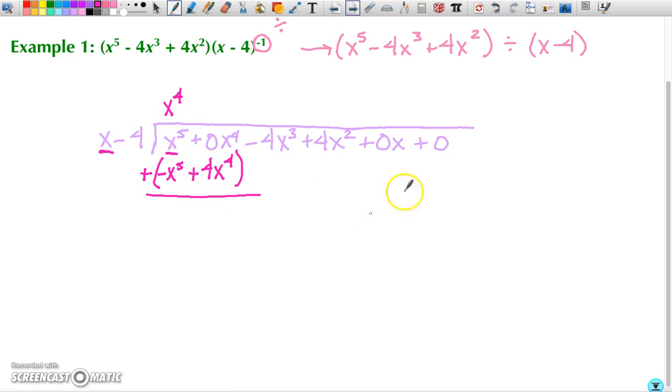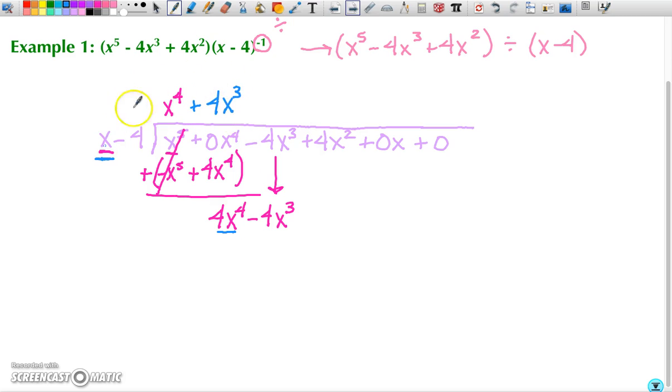Every time that you're going through this process, your first term here should be a 0, which it is. X to the 5th minus x to the 5th is 0. And then add these together. 4x to the 4th. Drop this one down, negative 4x cubed. All right, so again, what do you multiply x by in order to get 4x to the 4th? Well, that would be plus 4x cubed.